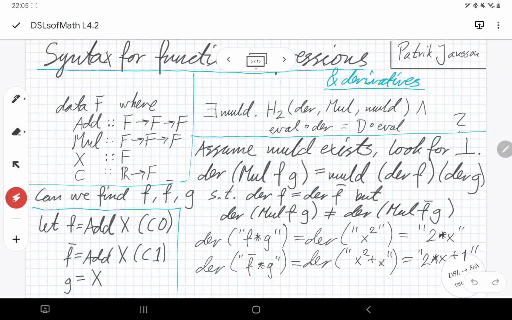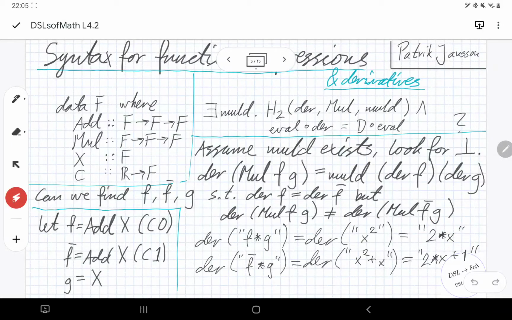Let's choose f and f bar to be x plus 0 and x plus 1. Here I use these quotes to indicate a simplified syntax for the expressions. I mean f times g, where f is x plus 0, which is just x, and g is x, that is just x squared. And the derivative of x squared is just 2 times x.